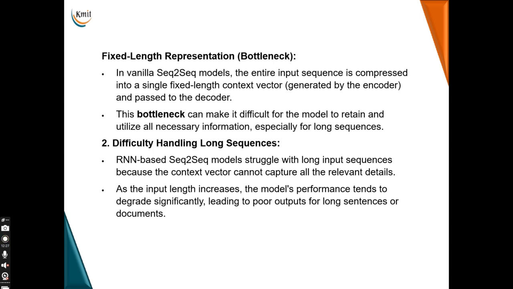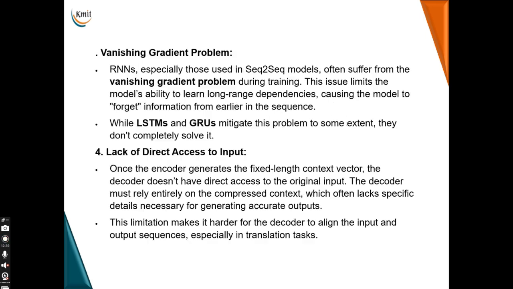RNNs generally struggle when processing long sequences compared to shorter input sequences. As the length increases, the performance tends to decrease. Vanishing gradient: when fitting the entire long sequence into a single fixed size context vector, we might forget some of the input relations and relevancies.